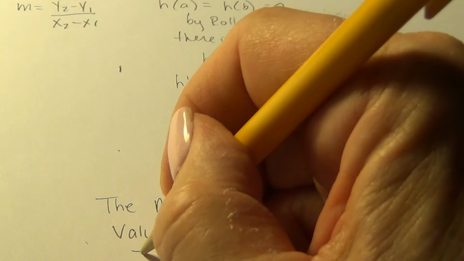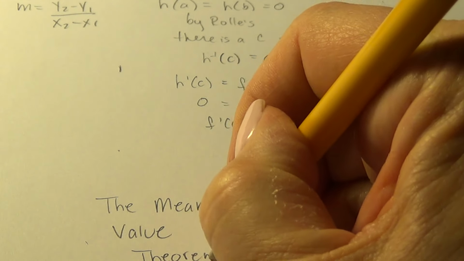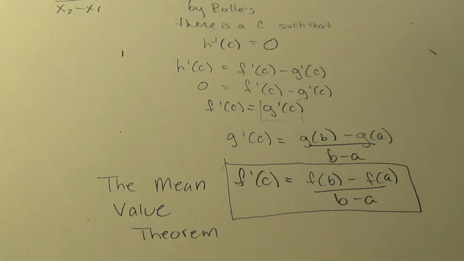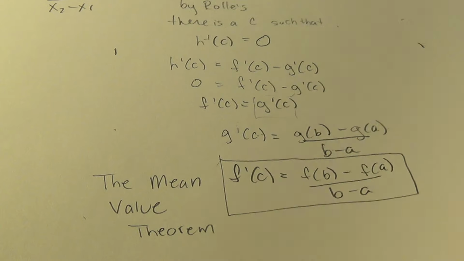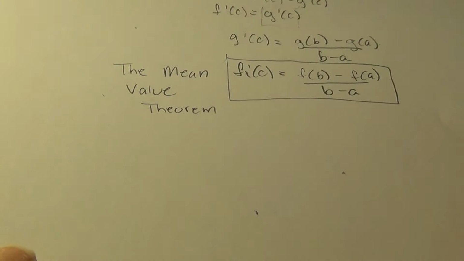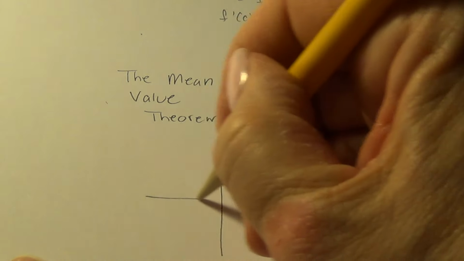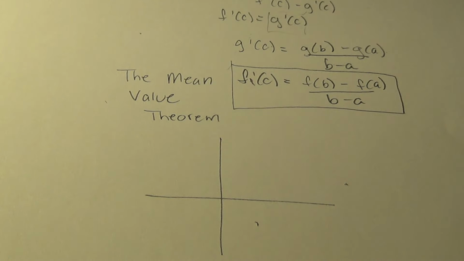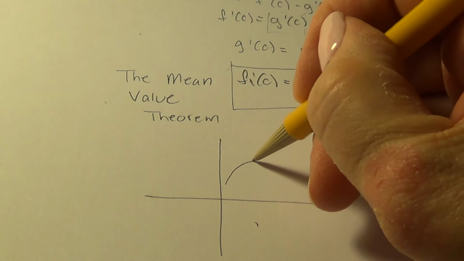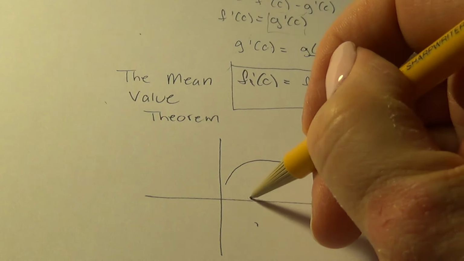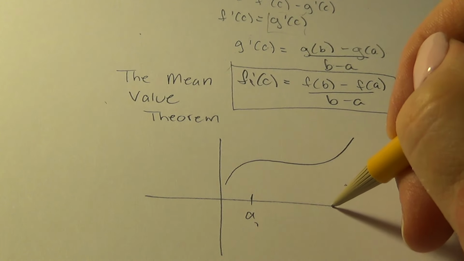Even though it's very nice, the mean value theorem is simply that. And now we'll discuss what it actually means. So we're going to look at the nice mean value theorem and discuss its value. Why is that important? So this time I'll just take any function and any a and any b.